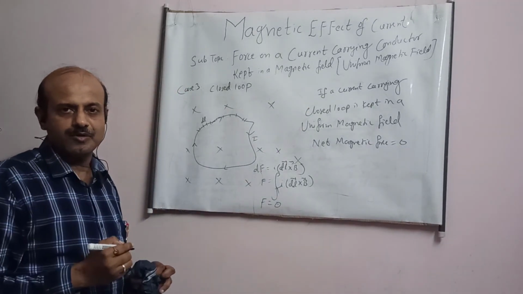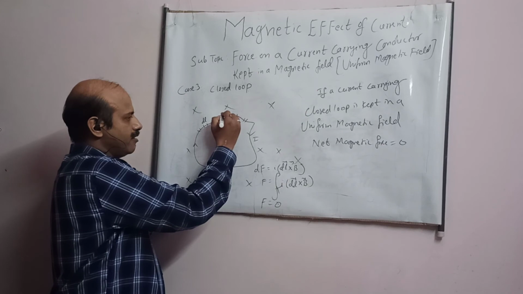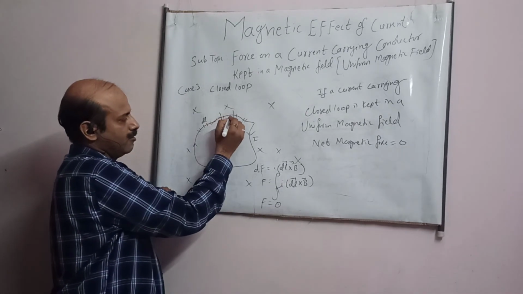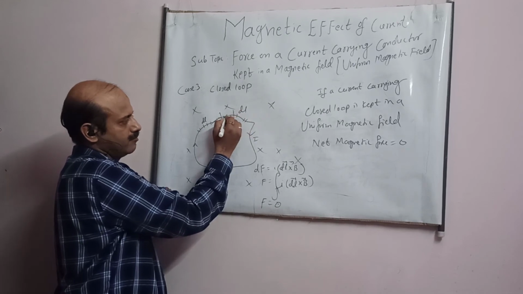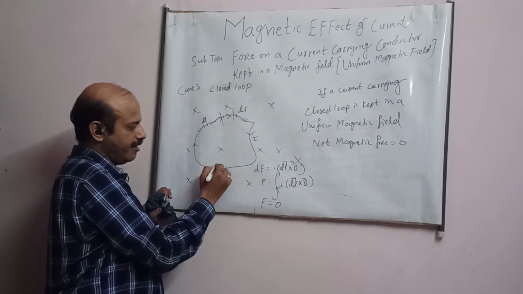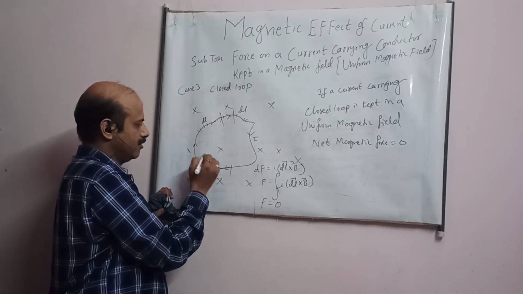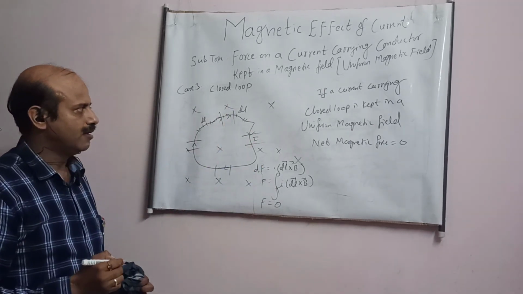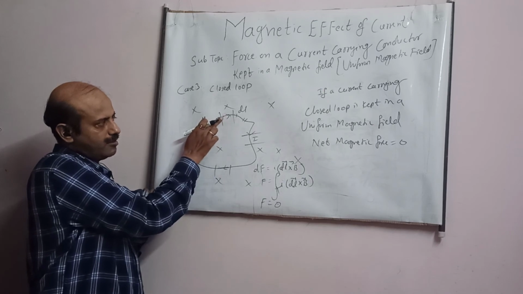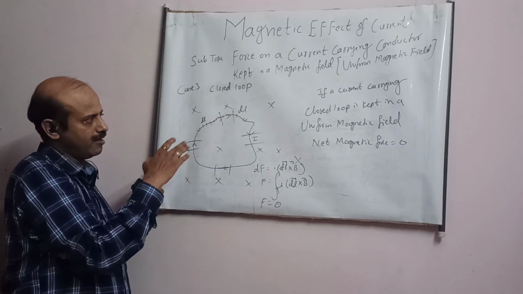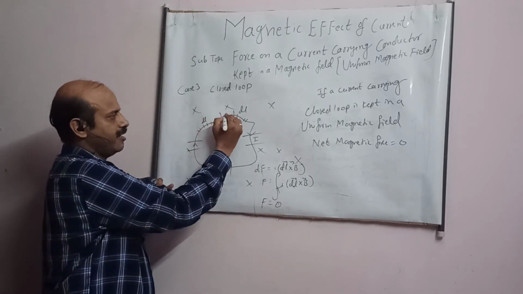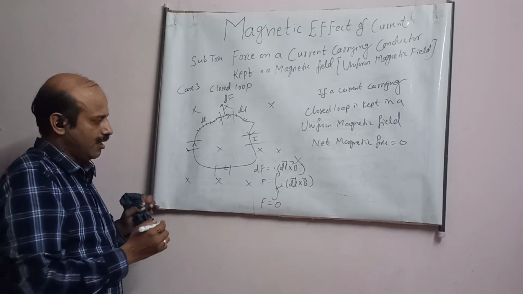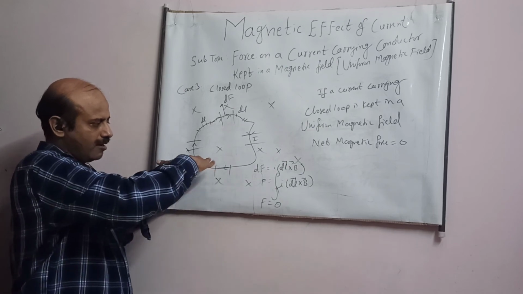You can understand like this, student. Suppose I take an elementary length here, dl. One elementary I am taking here, one here, another here. Now see, student, if I find the direction of force on this part, this dl, see my finger how it will go. The force is acting upwards like this. If I find here, student, see how I have to keep my hand.